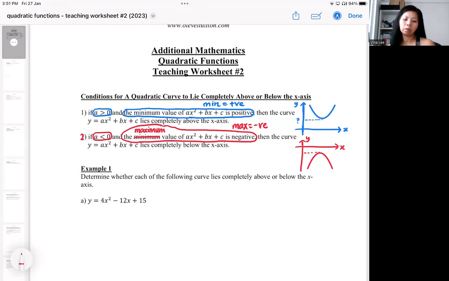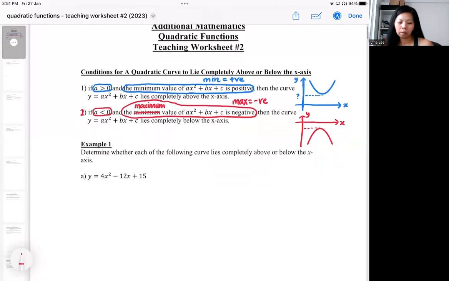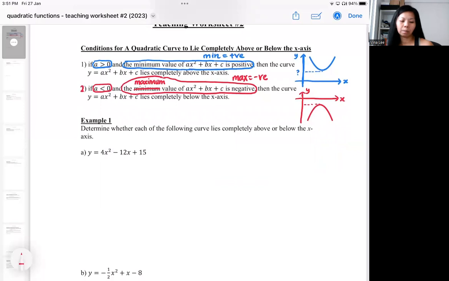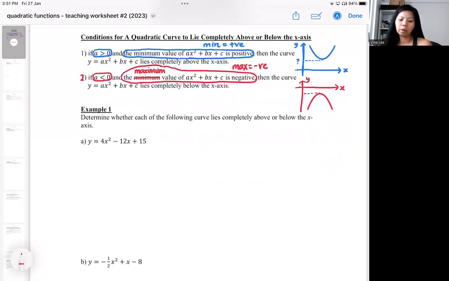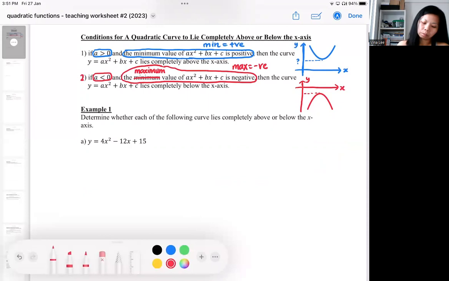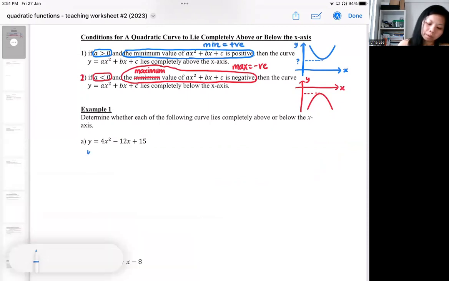So you've got to use this condition to answer questions such as example 1. You're supposed to determine whether the following graph lies completely above or below the x-axis. Again, you execute your complete square first. Like I said, I assume you have no issue with doing the complete square.